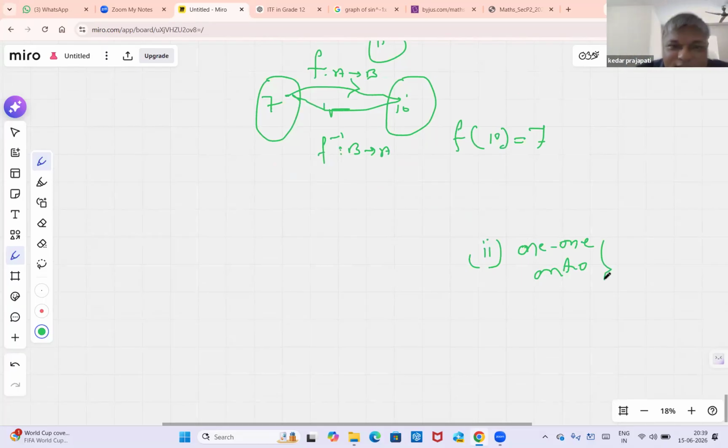I'm just guiding you to understand what is a function and what is an inverse function. An inverse function will only exist when the inverse image is a pre-image of this. Meaning 7 is the image of 10, and 10 is the image of 7. In that case, it exists.